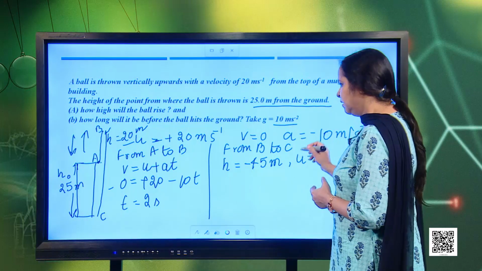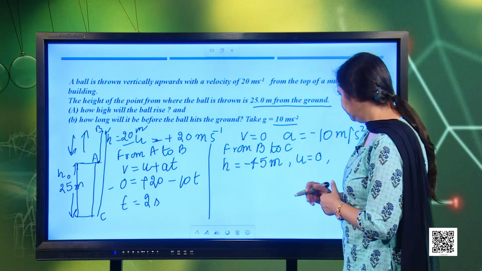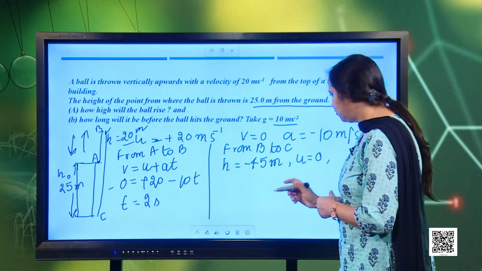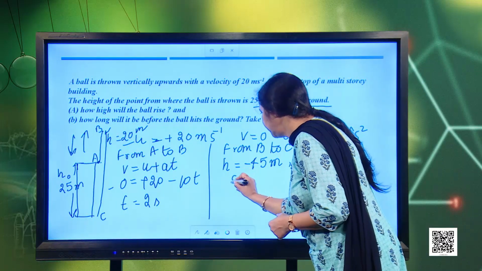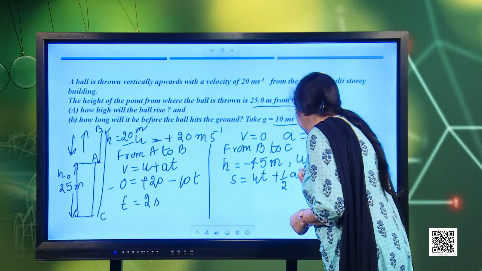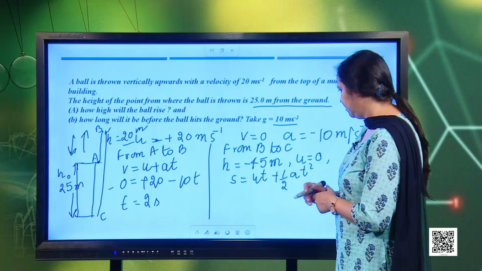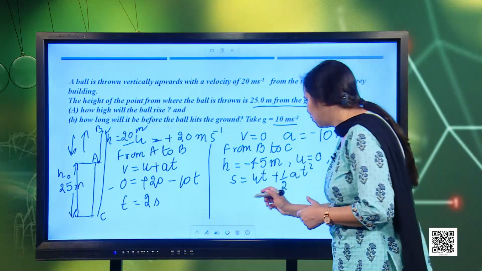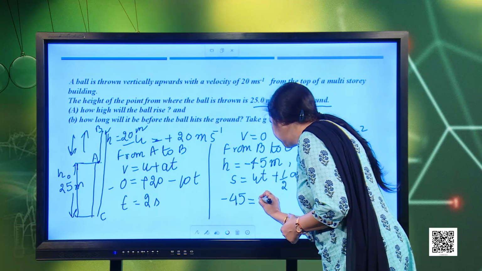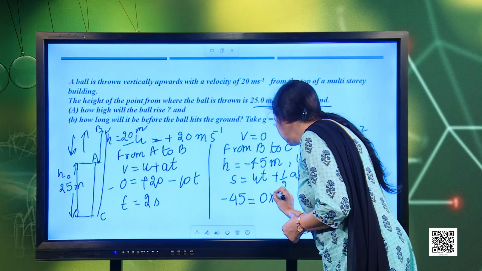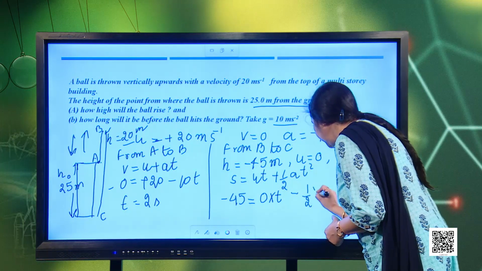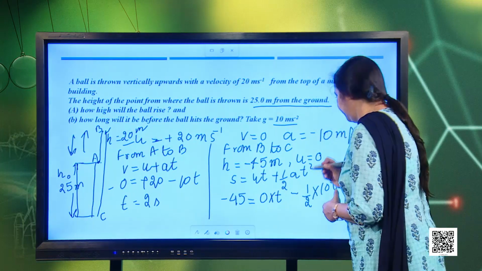And then what other information do we have here? The acceleration we take as minus 10 meter per second square only. So now can I use the second equation of motion, which says that s is equal to ut plus half at square, wherein in place of s we can substitute minus 45, this is the displacement. u is 0, so u into t will become 0, plus minus of minus of 10 into t square.